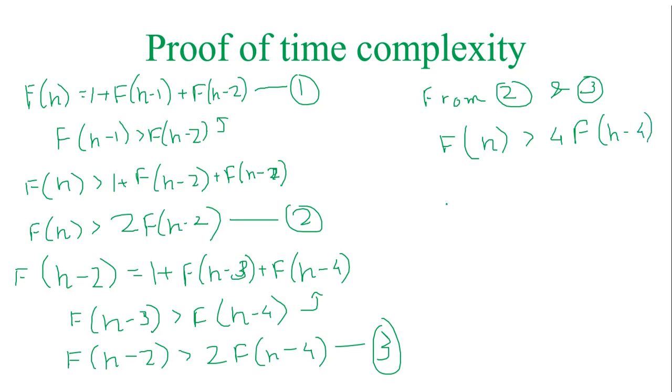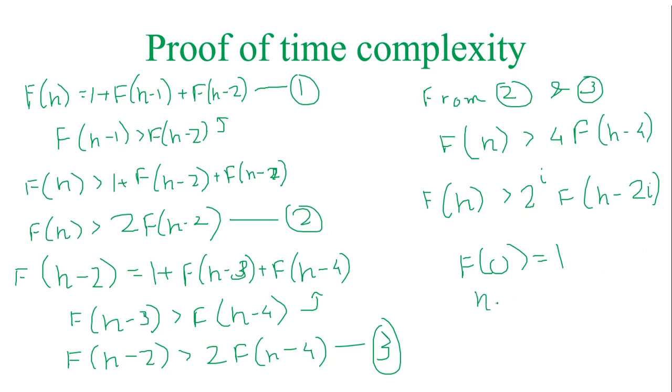And if we keep on doing this, we'll get f of h is greater than 2 power i into f of h minus 2i. Also we know that f of 0 is equal to 1, right? This is the base case. So let's put h minus 2i as 0.